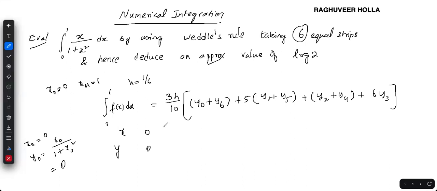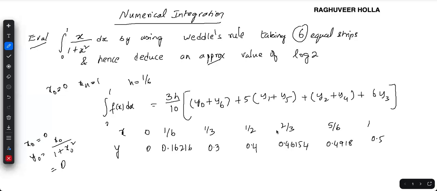Please calculate this. Corresponding to x naught you got y naught, x1, y1, x2, y2, x3, y3, x4, y4, x5, y5, and x6, y6.